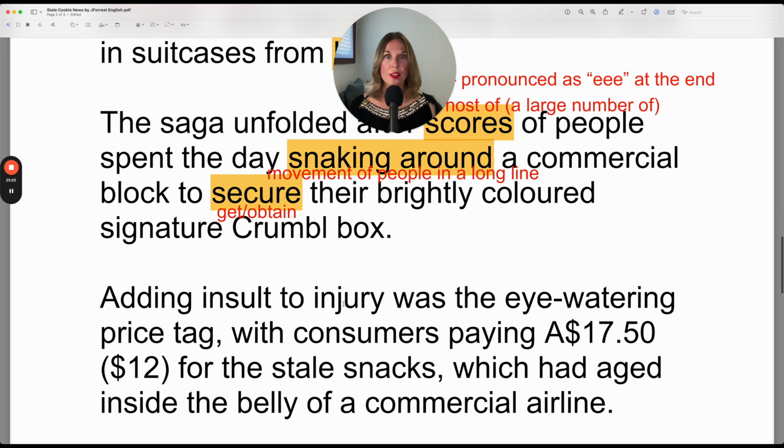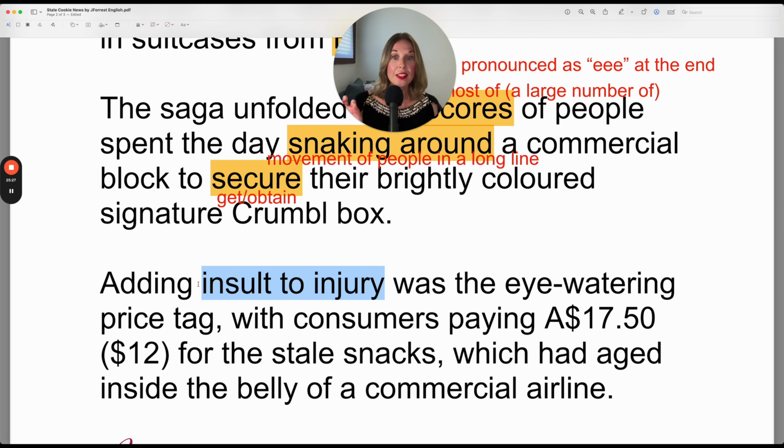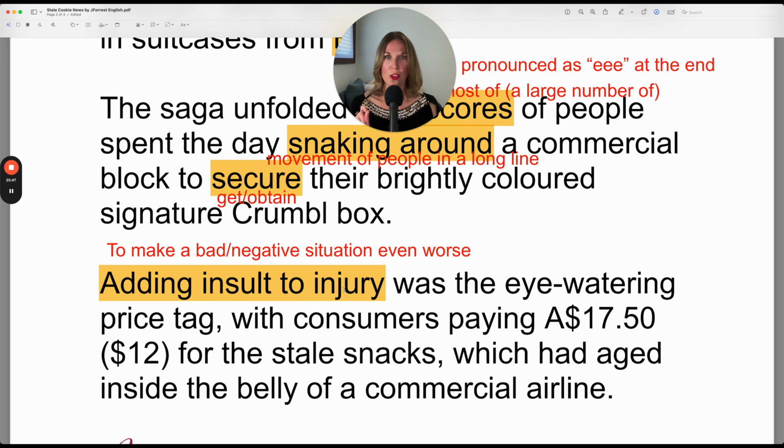Adding insult to injury. If you add insult to injury, it means you add something bad, which is an insult, to something that's already bad, an injury. So you add an additional negative to something already negative. Adding insult to injury was the eye-watering price tag.